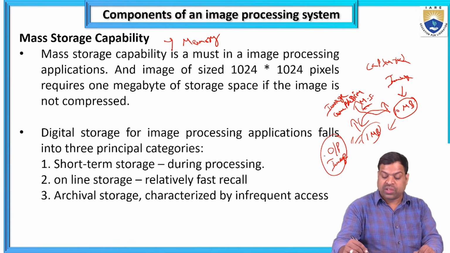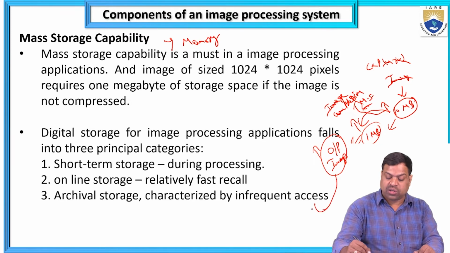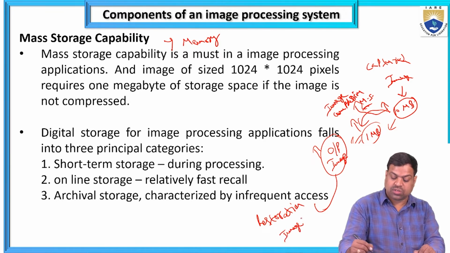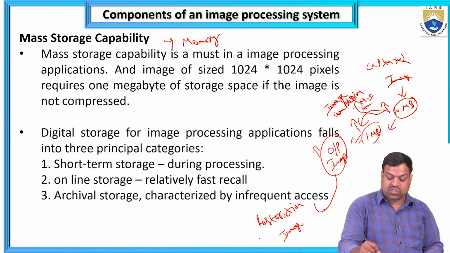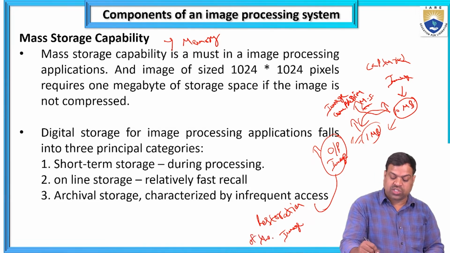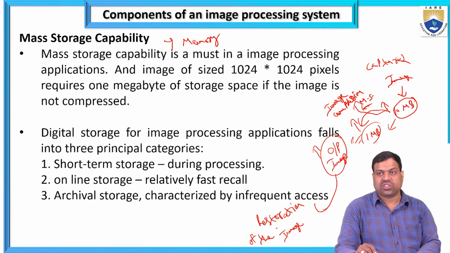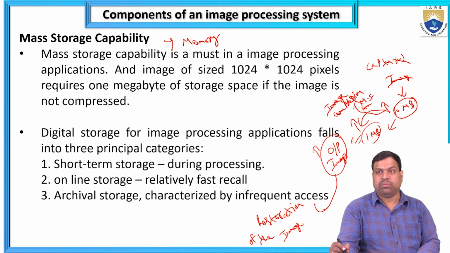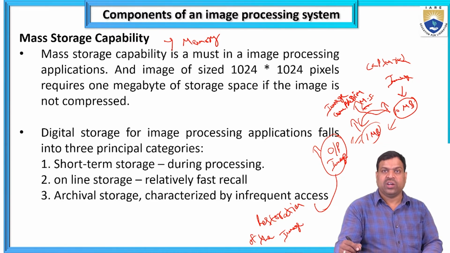This output image I call the restoration of the image. Why do I call it restoration? The original input image is 10 MB. I converted it to 1 MB with the help of image compression, and this 1 MB is finally stored in mass storage.